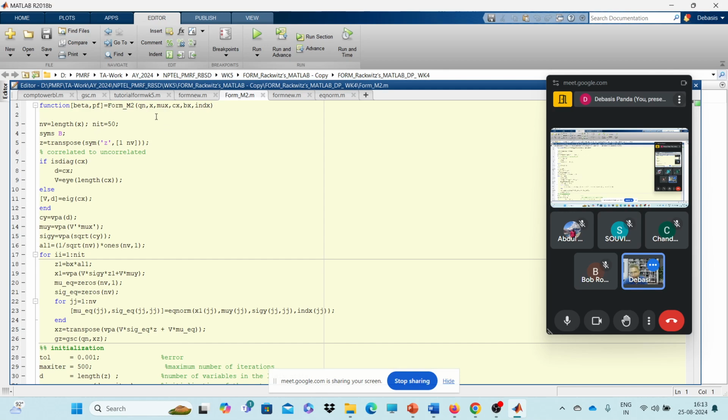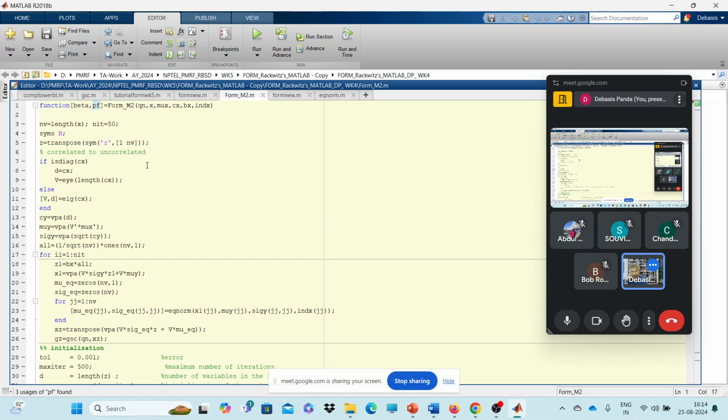So what that function file needs is the question number, x, mux, cx, beta, and index, and it will give the beta and final pf. You can add your final x values, z values, and all these things; you can modify this as per your convenience to get different kinds of values.